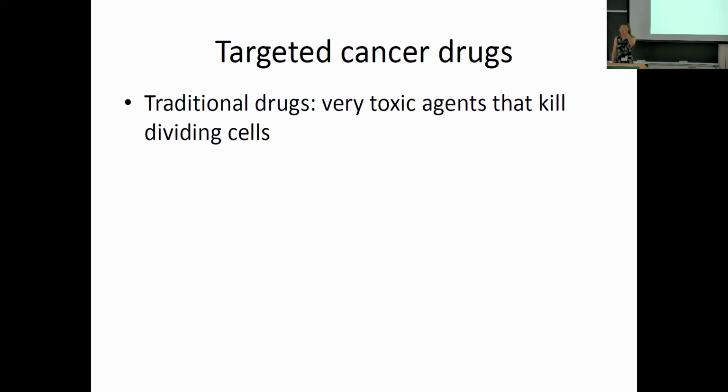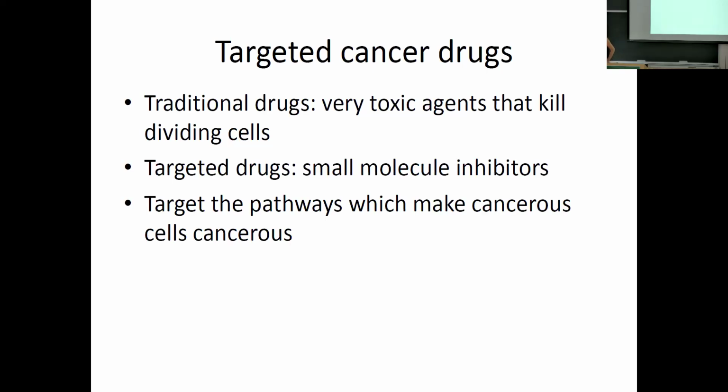The traditional drugs, the traditional chemotherapy, is toxic. It's an agent that may kill all dividing cells, with horrible side effects. Targeted drugs are small molecule inhibitors. It's a new generation of drugs, only been around for about 15, 20 years. These drugs target the pathways that make cancerous cells cancerous, so they are able to determine which cells need to be killed.